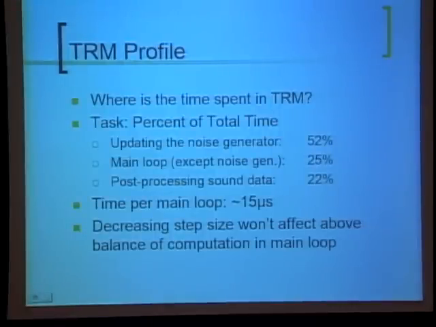We looked at the tasks that were being done in TRM and profiled them, and you can see what took most of the time was the noise generator part, the attempt at the glottal source that was being put into the tubes, and the actual updates of where the tubes were supposed to be as they were shifting. Unfortunately, the main loop as this was updating was very, very fast, about 15 microseconds.